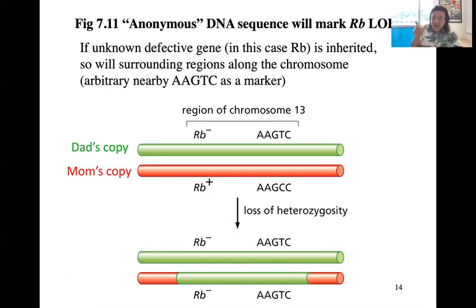Because remember, our genes are not passed on as individual discrete genes. Chunks of our chromosomes are passed on through meiotic recombination and things like that. So any gene that travels and gets passed on, it's very likely that the other genes that share that same location on a chromosome also get passed on.